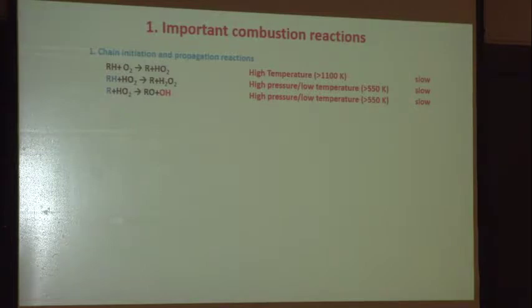So compared to the H plus O2 reaction, plasma maybe is slow in producing radicals. But compared to these guys, plasma is much faster, because these are not energetic reactions.